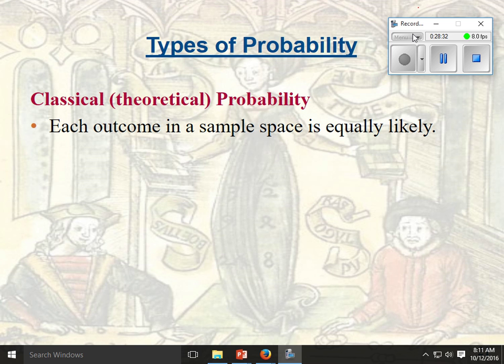In other words, if I was going to pick one of your names and give you 10 bonus points, it wouldn't be classical probability if I left out Sean's name because I decided I didn't like him that day. So everybody's got the same possibility of being chosen.